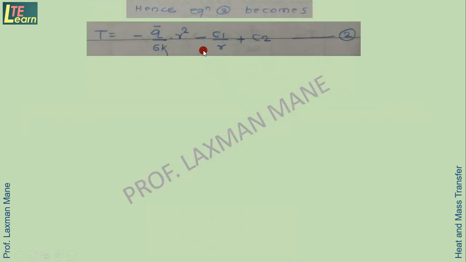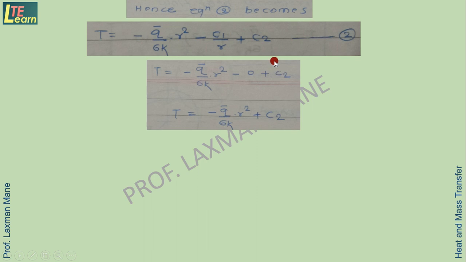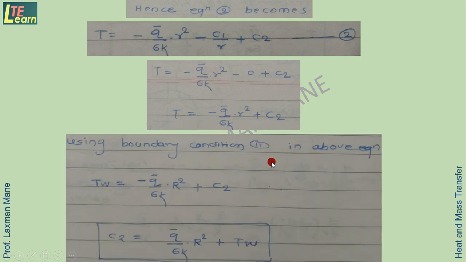Hence equation 2 becomes T is equal to minus q by 6k r square minus C1 upon r plus C2. So this equation 2, in that C1 is a 0 term, further simplification we find T is equal to this equation.